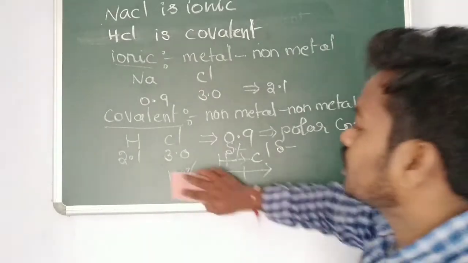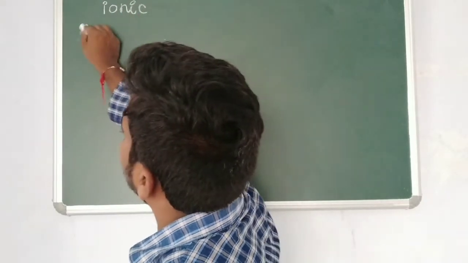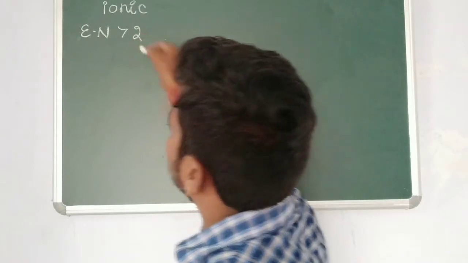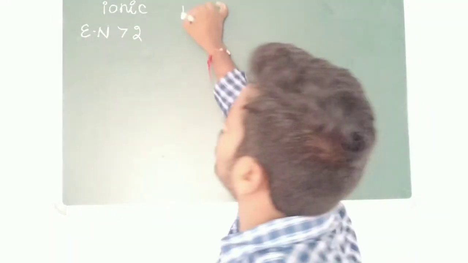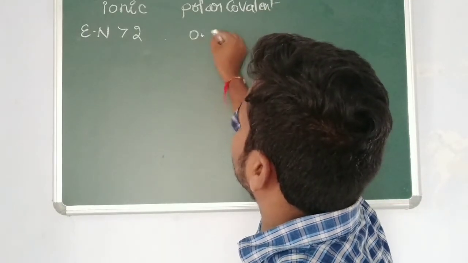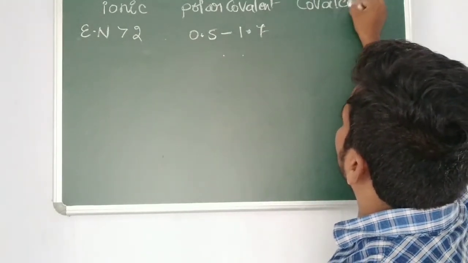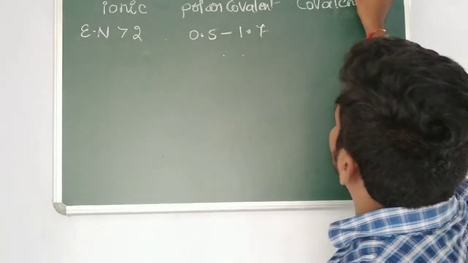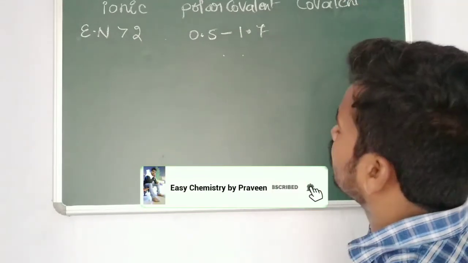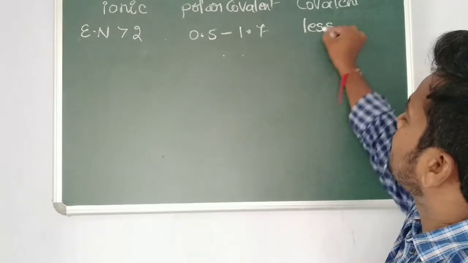If the given data is electronegativity data, this is how to identify whether the given compound is polar, non-polar or ionic. For ionic compounds, the electronegativity difference should be greater than 2. For polar covalent compounds, the electronegativity difference is in between 0.2 and 1.7; HCl has 0.9. For non-polar covalent compounds like Cl2 and N2, made of the same non-metallic atoms, the electronegativity difference is less than 0.5.